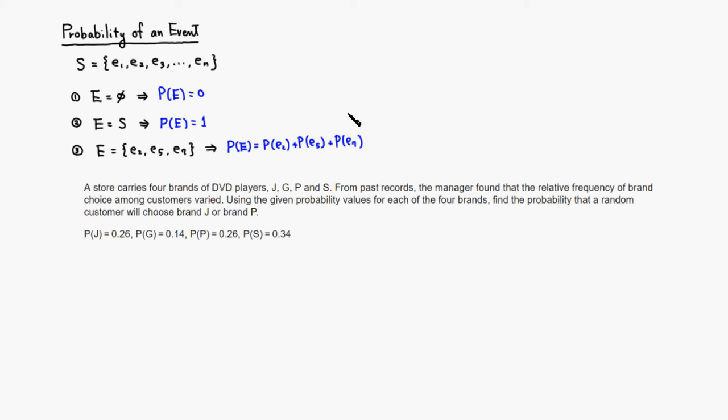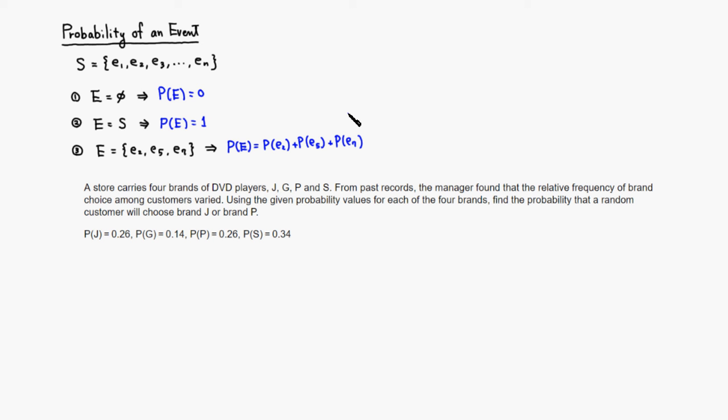All right, so let's look at the following example. A store carries 4 brands of DVD players: J, G, P, and S. From past records, the manager found the relative frequency of the brand choice among customers.